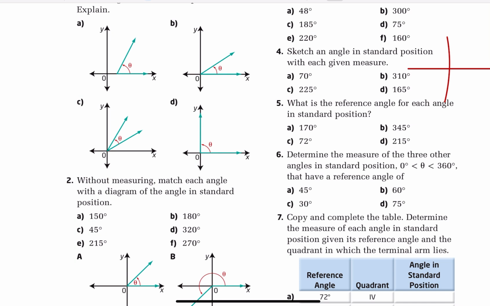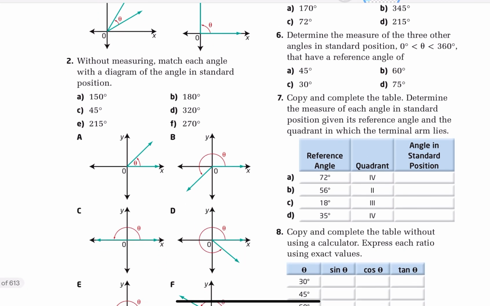This is 180. So 170 will be somewhere here. So my angle is this one. This is my theta, which is 170. And if I project my end arm on this axis, it will touch here. So this is my reference angle.